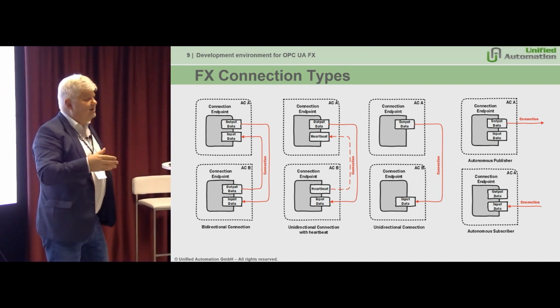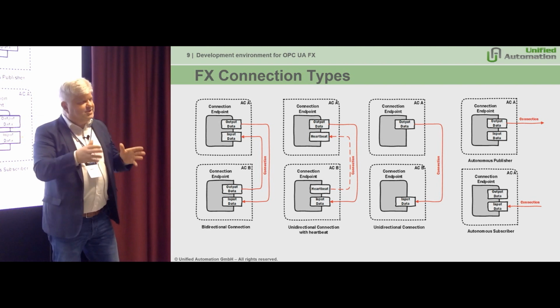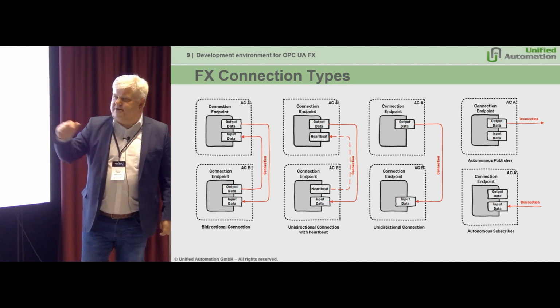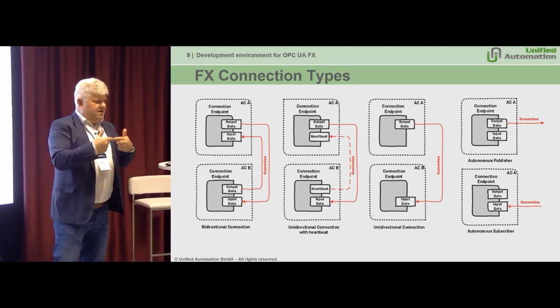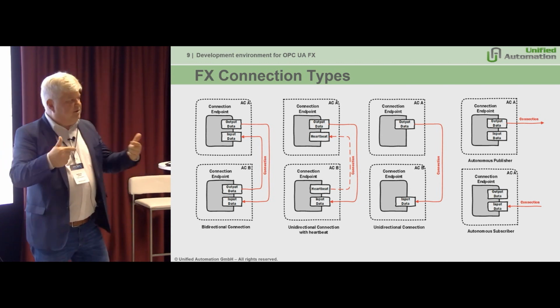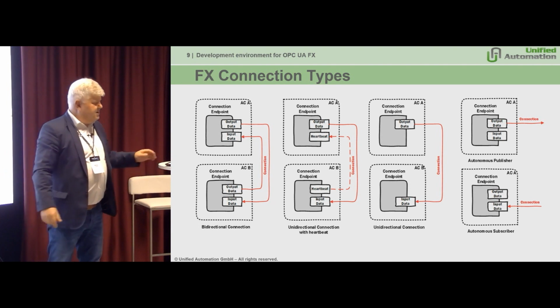So you don't really need FX for these two here. But to cover the different variations, they're still in the picture. But the left two are, I think, the common scenarios for FX communication. Because even if the data flows just in one direction, the other side still wants to know if the communication partner is there and is connected logically.